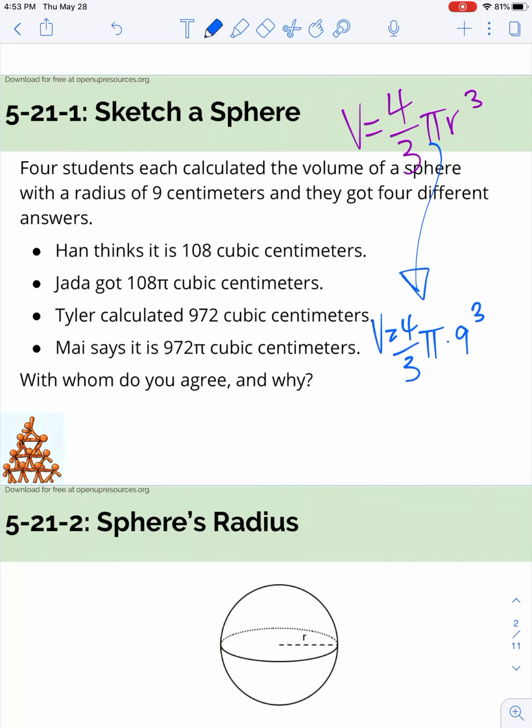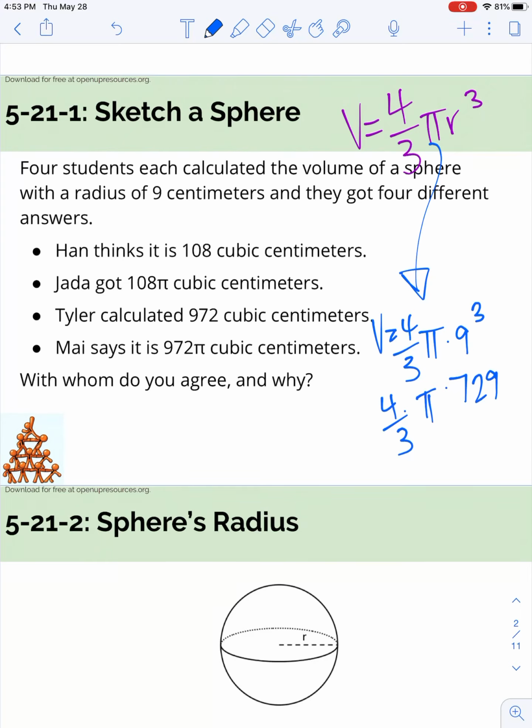Okay, so 729 times pi times 4/3. So it looks like they left pi in a couple of the answers. I'm going to leave it for now, just to kind of eliminate some of them.